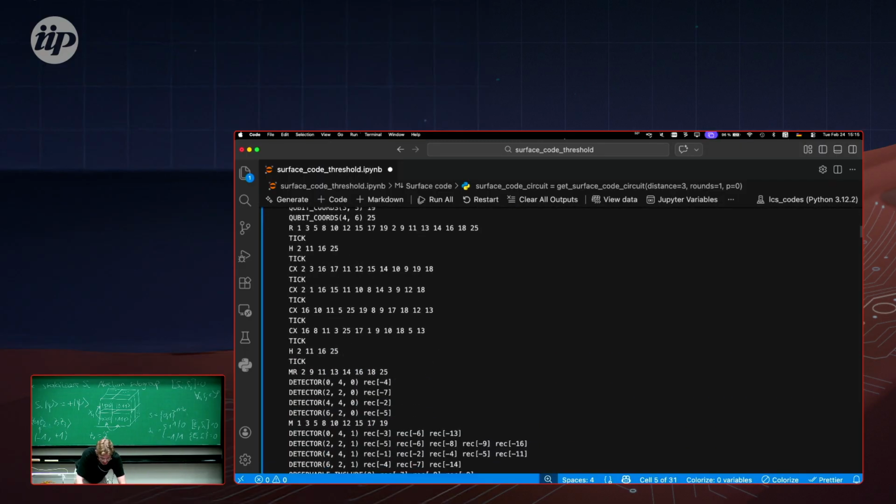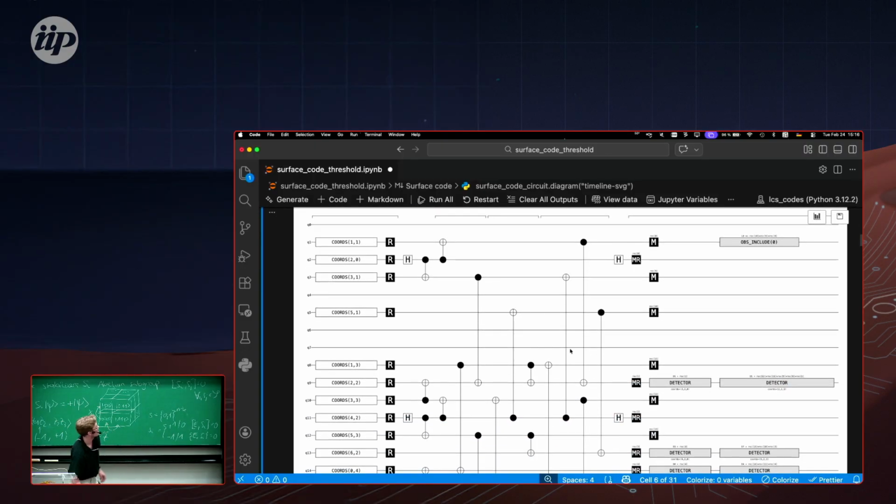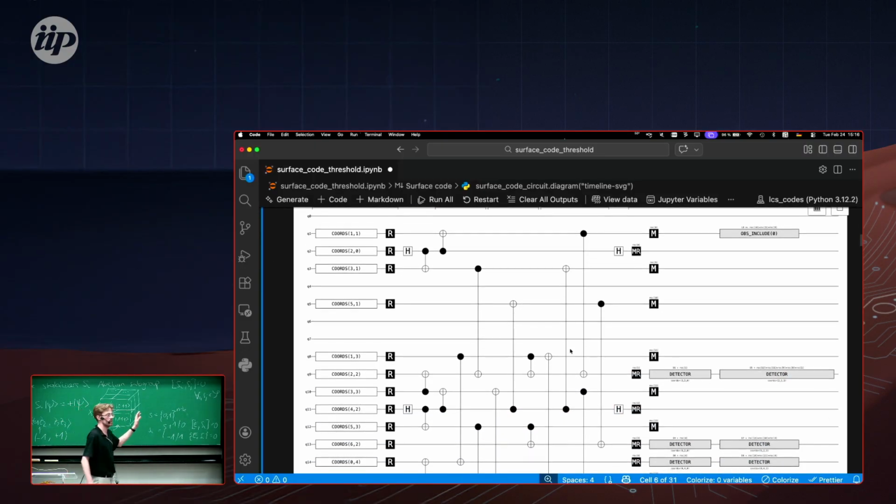This is not too important, but here you can see the circuit diagram. So this is the circuit that reads out the syndromes. It looks a little complicated, but it's just because it's compactified. We can, for example, follow this one bit here. It initializes in 0, that's what this R means.